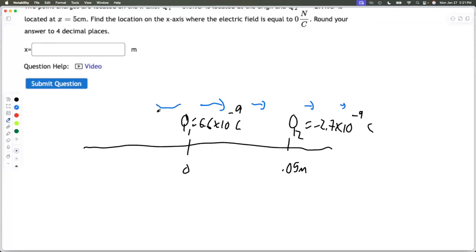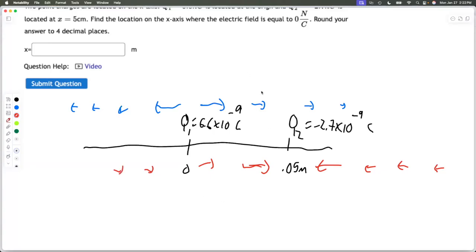So close, we're going to get big blue vectors, and smaller as we go away. And then we'll do this guy in red. He's a negative charge, so he's going to have vectors pointing in toward him that are big when we're close and smaller as we go away. And then here, still pointing toward, but smaller as we go away.